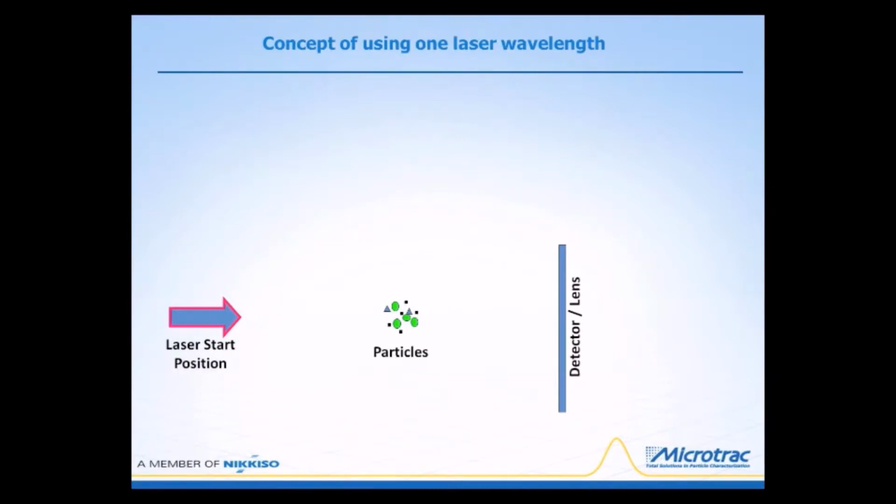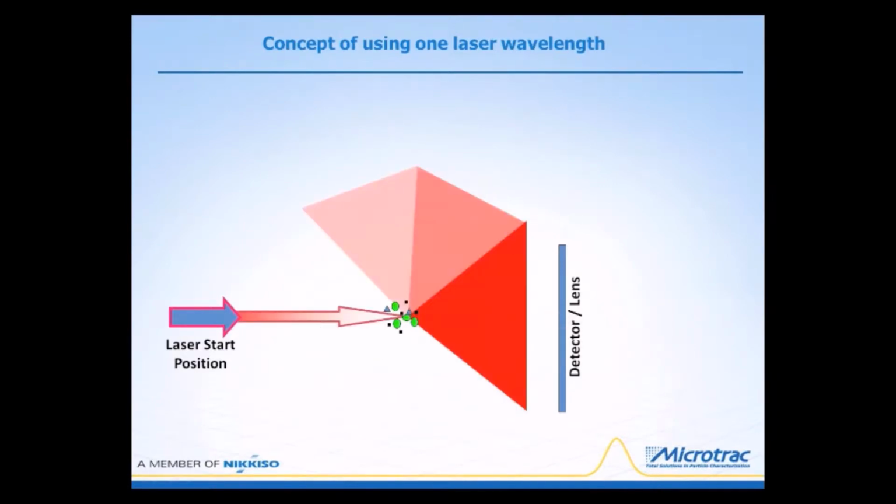One way we could do this is just using lasers rather than bandpass filters. If we have a starting point for the laser, and this is the optical axis pointing right at the detector system, we can have the laser interact with these particles, but with our single detector and lens system sitting out here, we can only capture light over this particular angle.